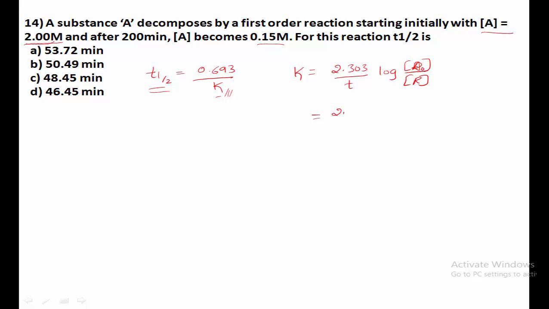Substitute the values: 2.303 divided by t, log of R naught, the initial concentration 2 M, divided by 0.15 after 200 minutes. Here time is given, that is 200 minutes, so instead of t I will take 200. So this is k.